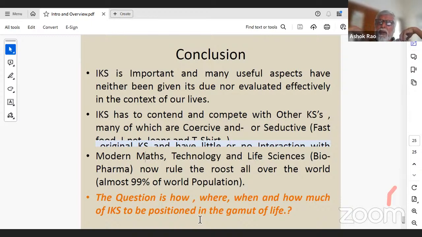How will you make 1 million horses drink so much water, clean water? Where will you get it? So many issues. So changing suddenly is ruled out. So slowly and steadily, one component at a time, we need to make sure that whatever is good in Indian knowledge system can be incorporated into our life.